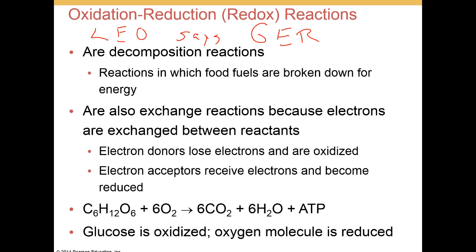But as we do that, we're going to switch around some electrons as well. Glucose is going to be oxidized, so it's going to lose electrons, and oxygen eventually will be reduced. It's going to gain electrons. So the glucose gets converted into the carbon dioxide, and the oxygen gets converted into the water. And as a result, we also get lots of energy. So whenever you see a redox reaction, energy is changing hands.